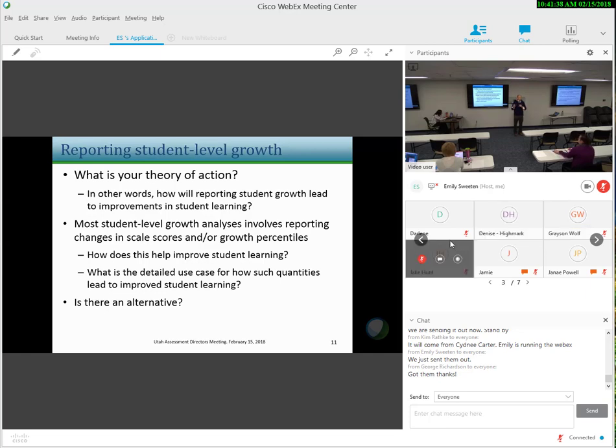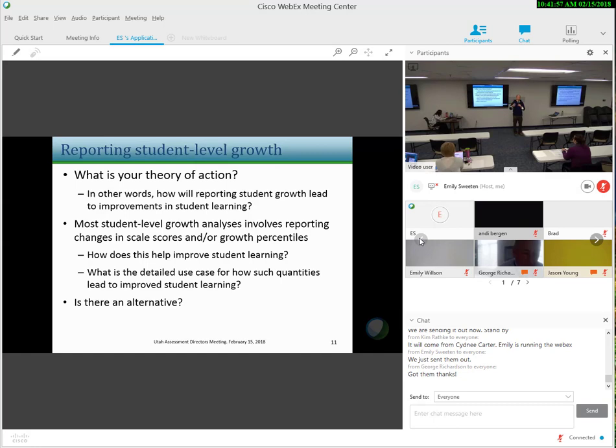And it's fine, they didn't like having it in a percentile, but I kept asking, do teachers know how hard they need to teach to increase a scale score by 6 points versus 8 points versus 10 points? I don't think so, right? I tried hard to get people to think about that theory of action, but those are the kinds of exercises you have to go through to think about this stuff.